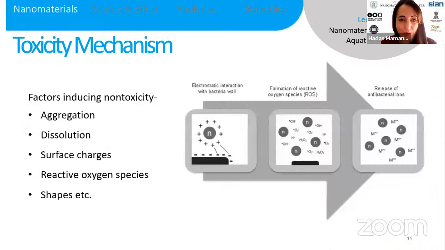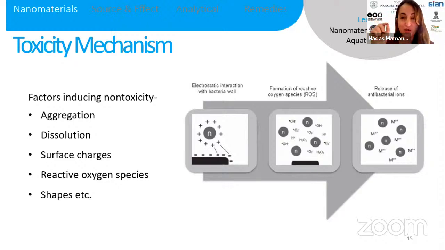I would say that is the important feature. The factors that impact toxicity mechanisms are aggregation, dissolution, surface charge, reactive oxygen species, and also the shape of the nanoparticles. As I showed in the previous slide, overproduction of ROS, reactive oxygen species, will result in oxidative stress that is induced by the nanoparticles or nanomaterials.